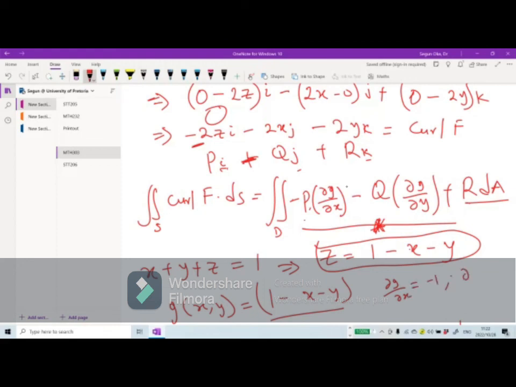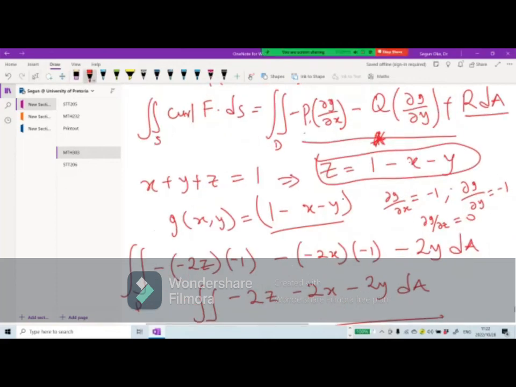The G dy is also -1. But the G dz is equal to 0. So remember, I call this one G. Differentiate the G. I said G x, y. Differentiate it. What do you have? This is what you have. Now, substitute it into this equation again. You have this one back. I hope I'm communicating now.